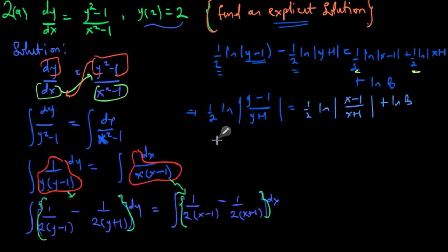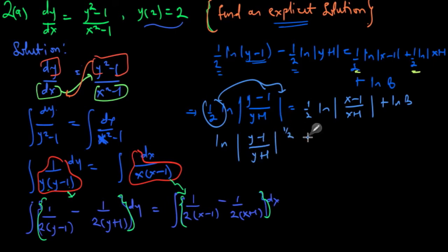Now this is the same thing as the ln of (y minus 1) all over (y plus 1) to the power half, using the laws of logarithm, equals the ln of (x minus 1) all over (x plus 1).